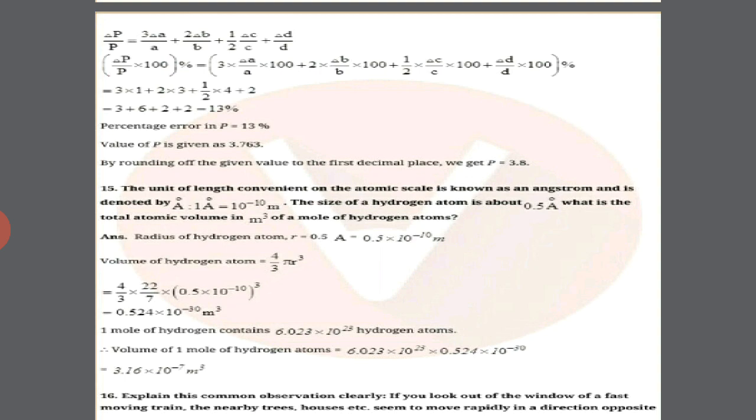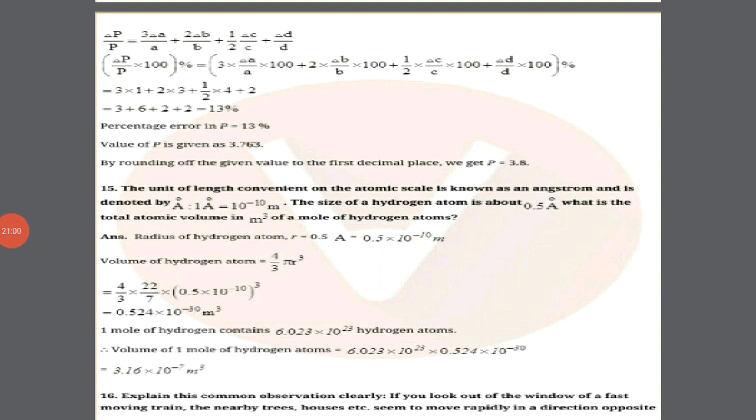So it becomes 13%. The percentage error in P is 13%. The value of P is given by rounding off to the first decimal. We find P is equal to 3.8. Got it? So let's discuss one more question.